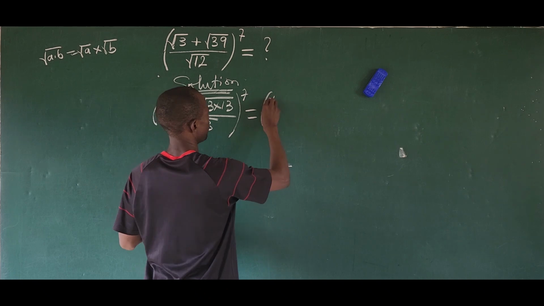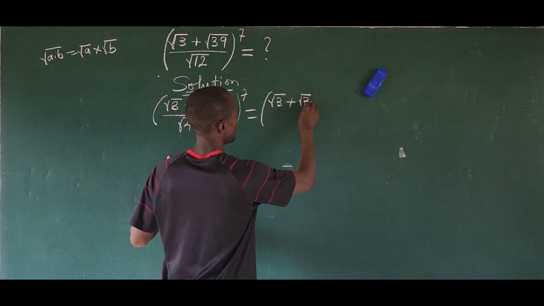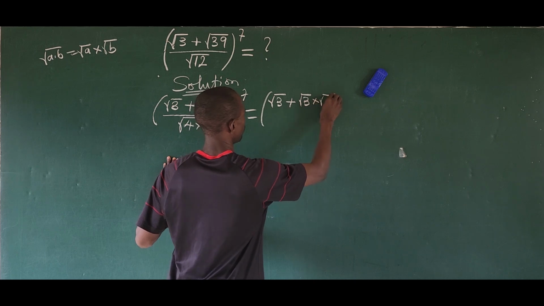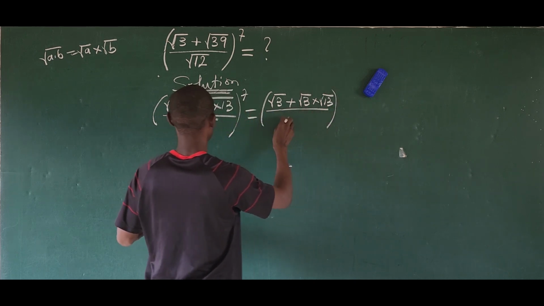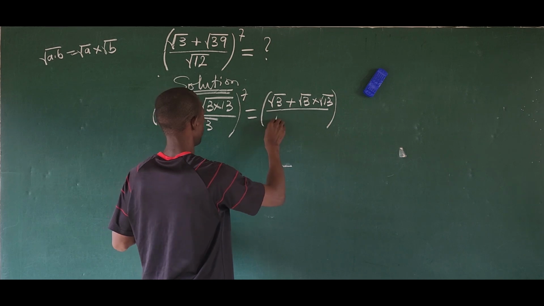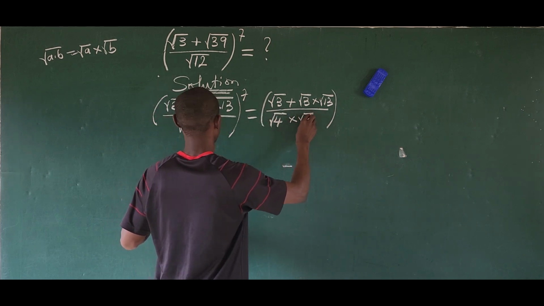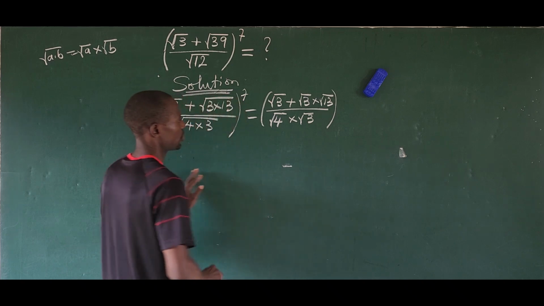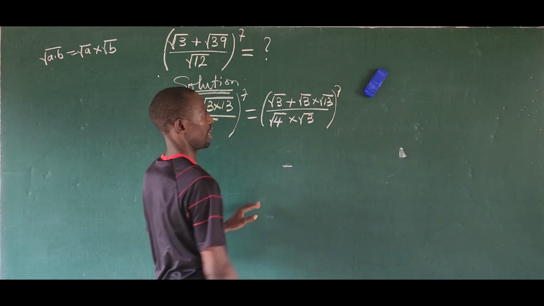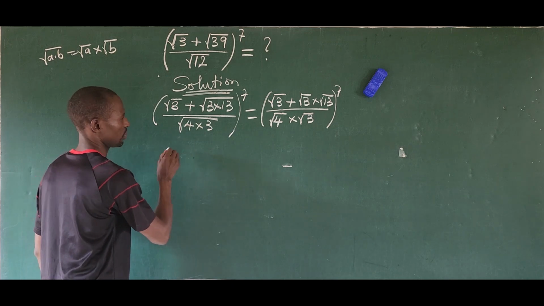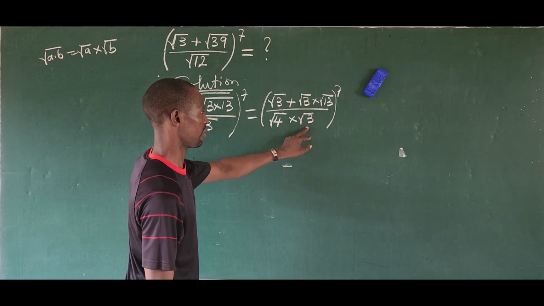So we have root 3 plus root 3 times root 13, close bracket, all over root 4 times root 3. Root 4 gives us 2, so we have the power of 7 here. We have root 3 here, root 3 here, and root 3 here.